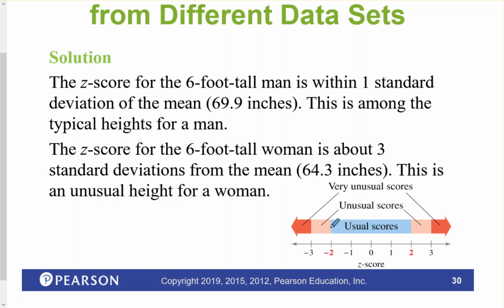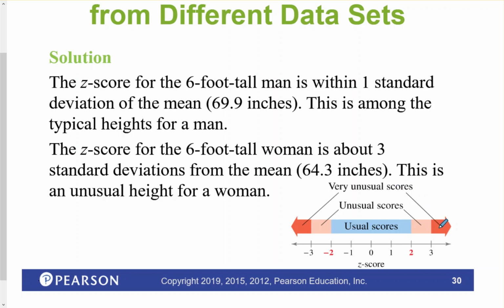So your unusual scores are based off of the empirical rule. Within 2 standard deviations is 95% of your data. Anything outside that, we say unusual scores. If it's past 3 standard deviations in either direction, we would say that's very unusual. Because remember, within 3 standard deviations is about 99.7%.